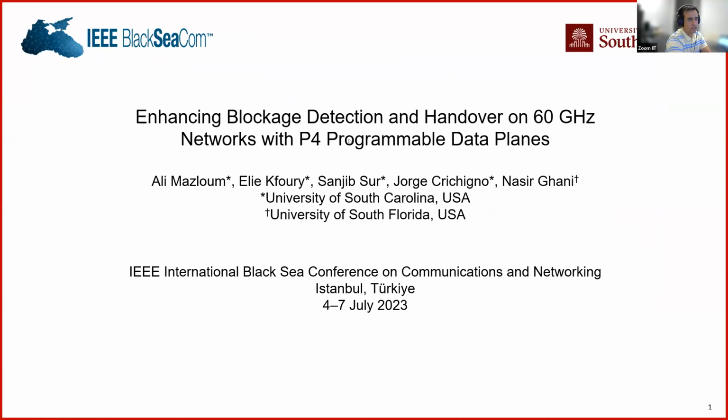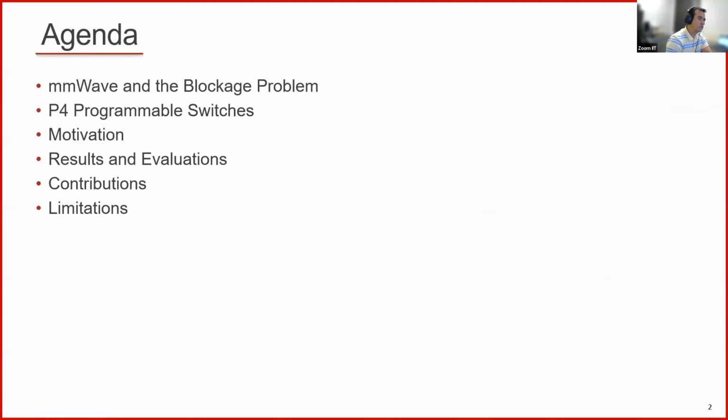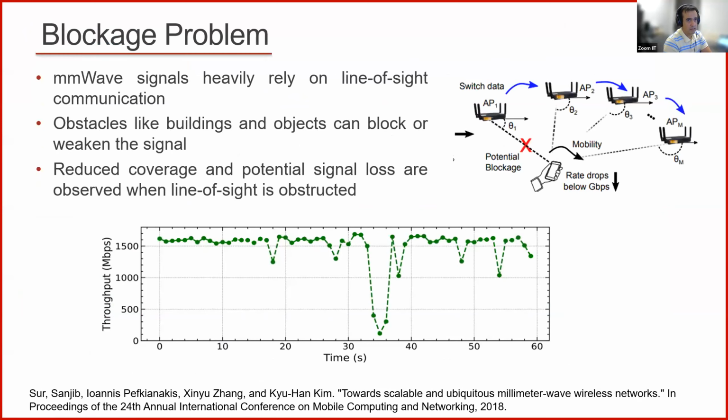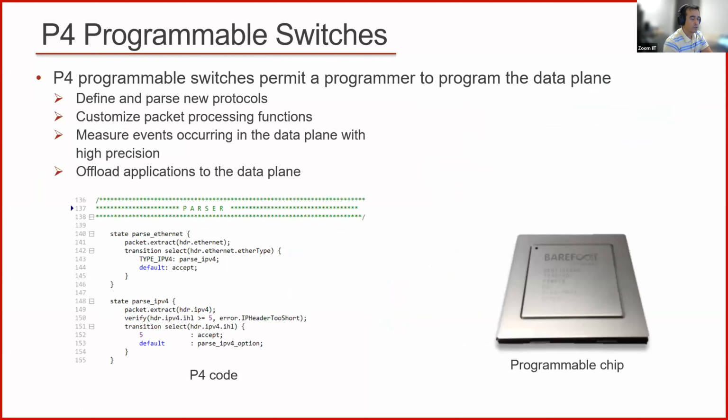Millimeter wave networks are wireless networks where the links are very directional. One way to quickly detect when there is a blockage, and then switch from one station to another, is to detect this blockage in the data plane.